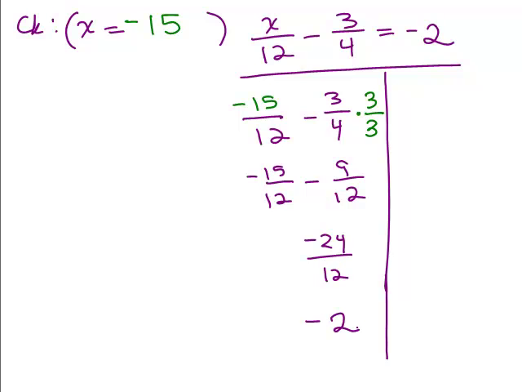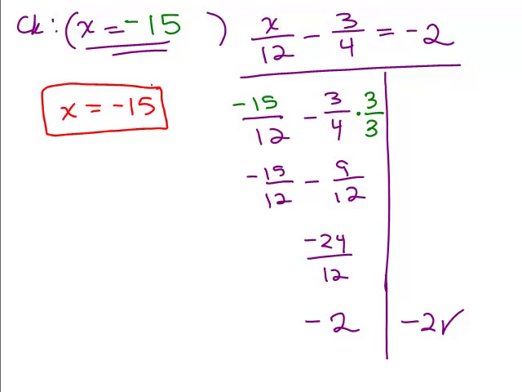So the left-hand side simplifies to -2. And the right-hand side, it's already simplified. There wasn't anything to do, so it checks. So our answer here must be correct. So that's the answer to the problem, x equals -15. And the formal way of doing it is putting -15 in the braces to show that's the solution set.